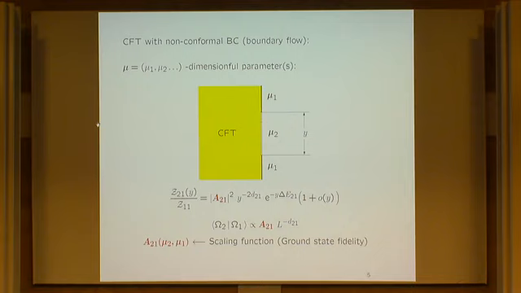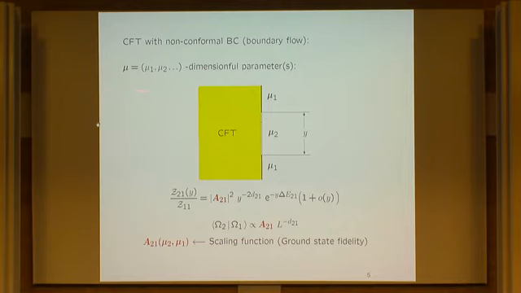However, the situation becomes much more interesting once you consider a conformal field theory with boundary conditions that are not conformal. In this situation, you can understand it as a boundary flow.